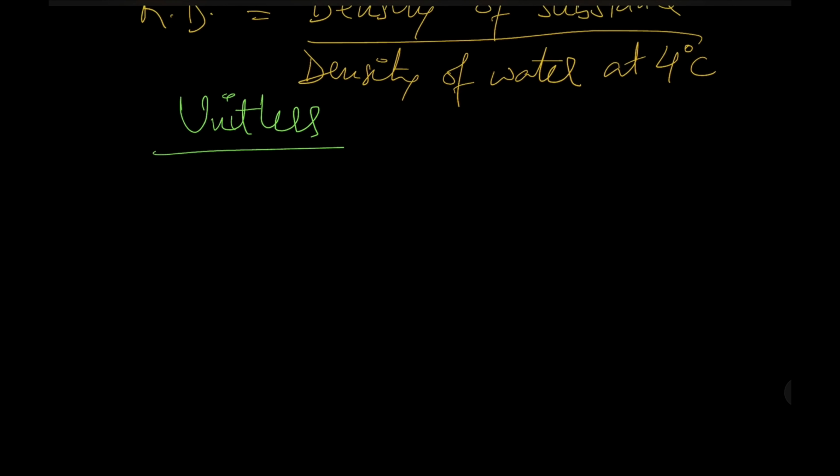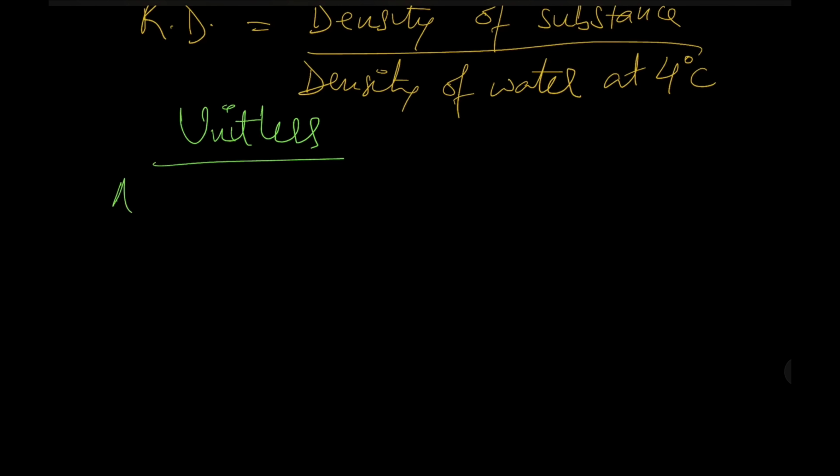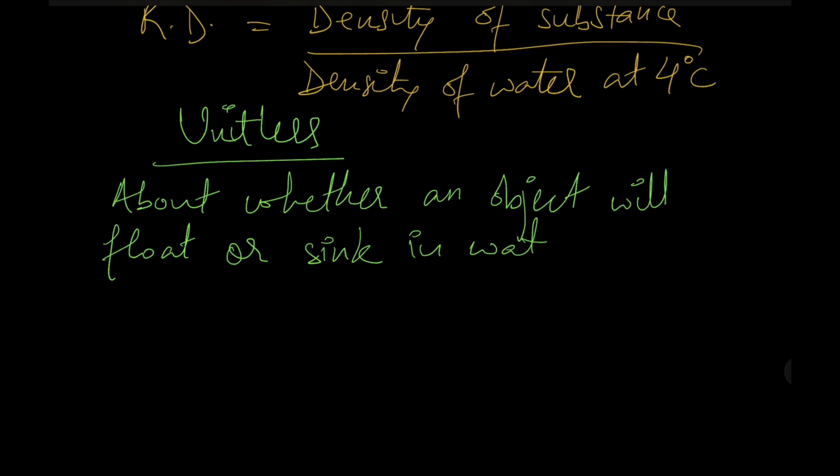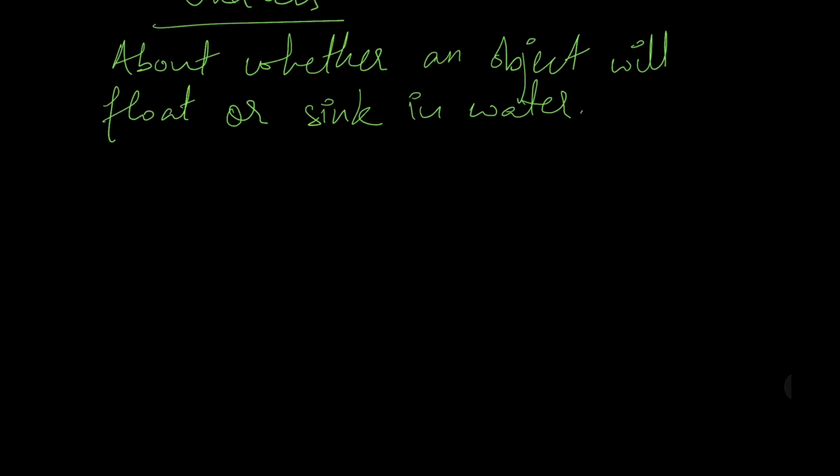Relative density gives an idea about whether an object will float or sink in water. How?